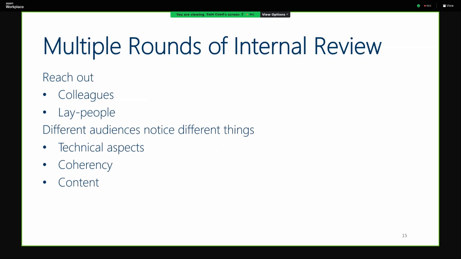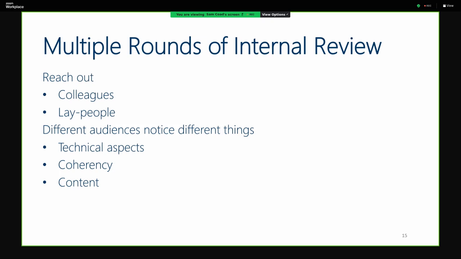And then also to that end, multiple rounds of internal review before you even submit the proposal can give you an idea of where your proposal is lacking or where it could need more work or what you're doing right. And it's important to reach out to colleagues and also laypeople because, like I said, your review board is not going to be subject matter experts.